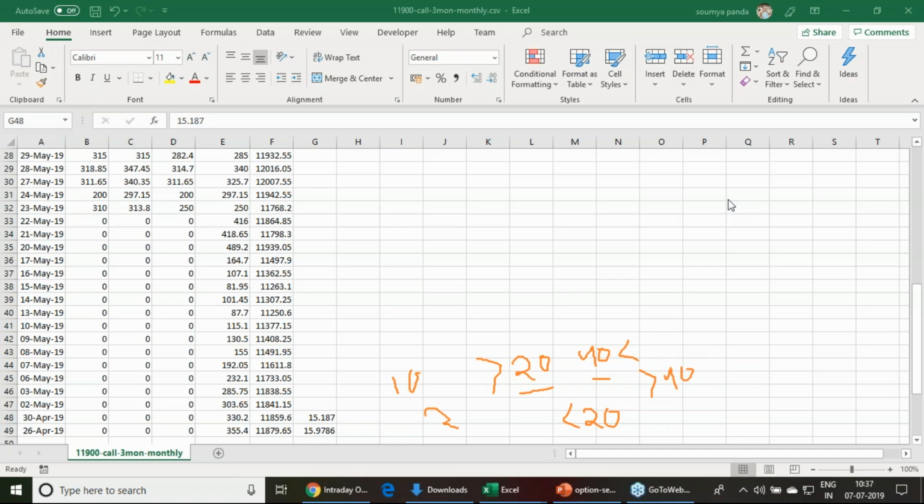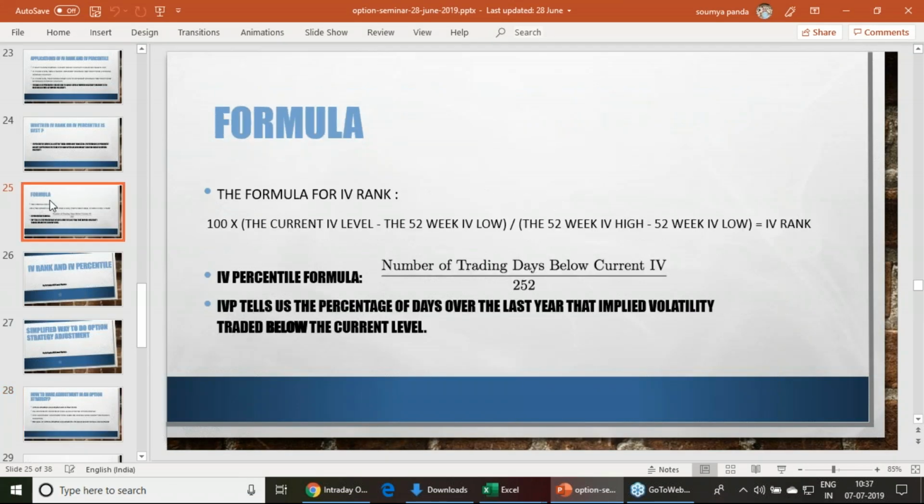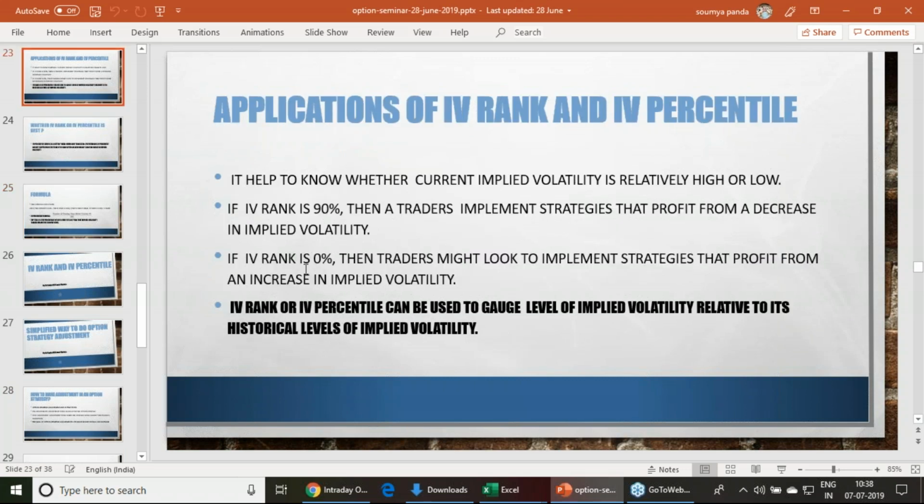So that is one rule. For IV rank, if it is 90% above, then it is expensive. If it is near 0, then it will be cheaper.